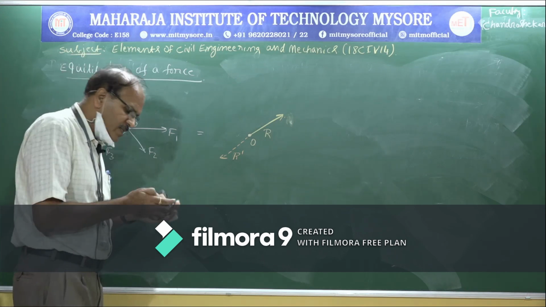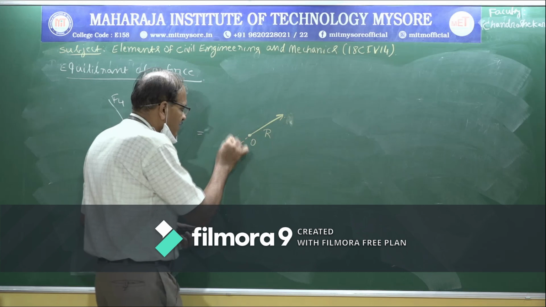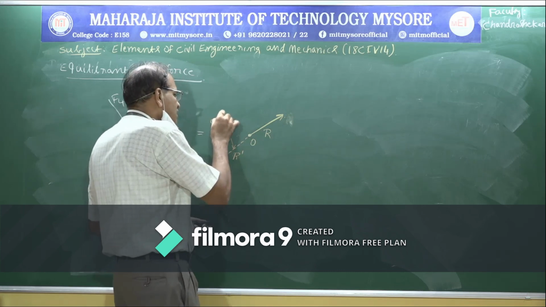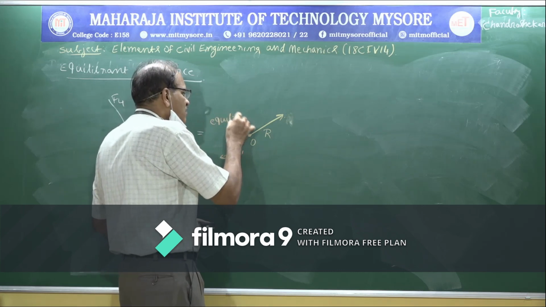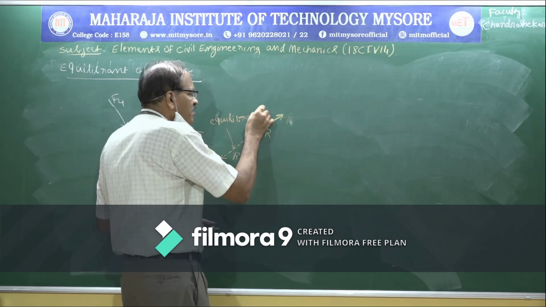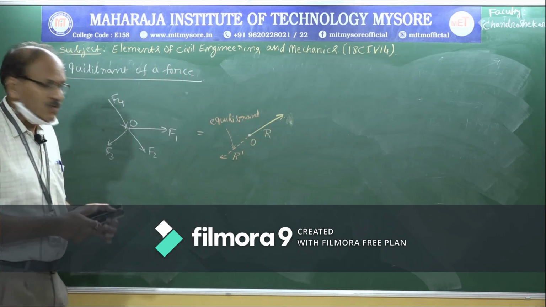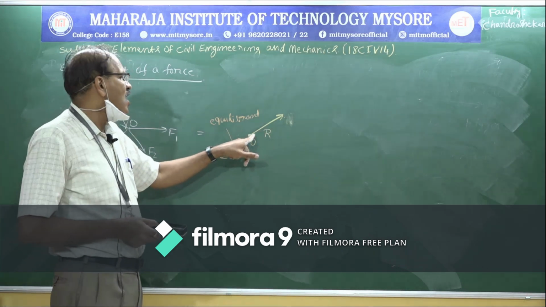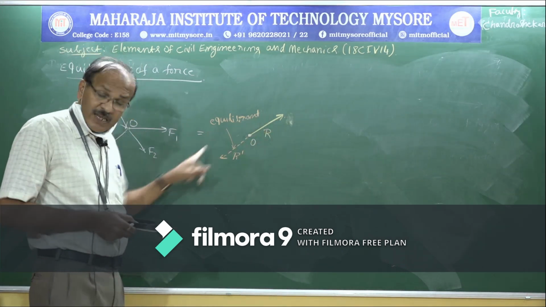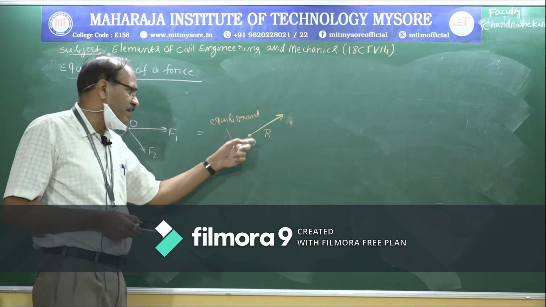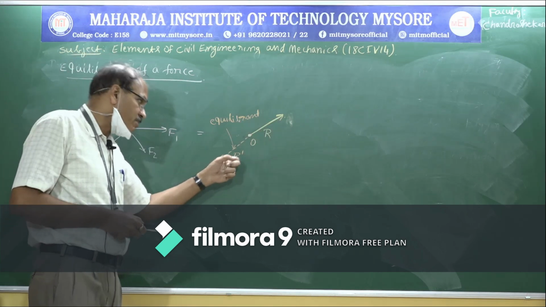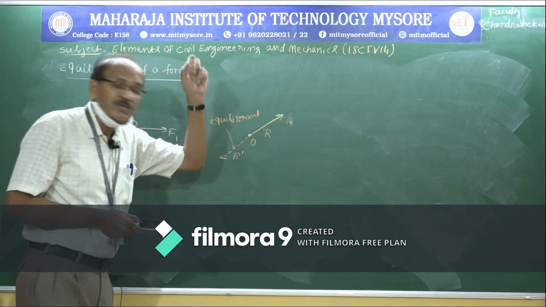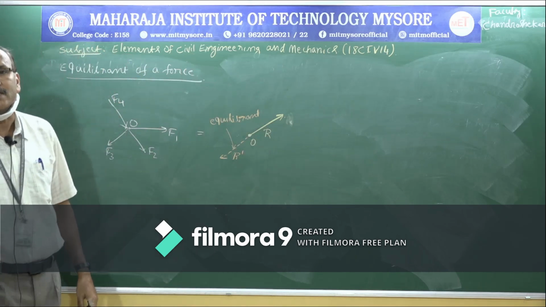Then comes what is the equilibrant. This is the force called the equilibrant. So the equilibrant is the force acting along the same line as the resultant force, but in the opposite direction, whose magnitude is the same as the resultant. That is the equilibrant.